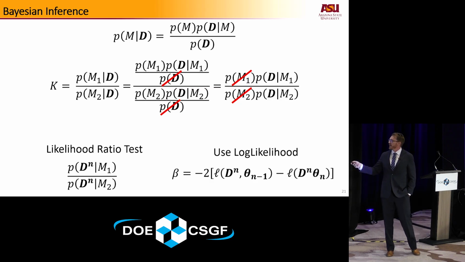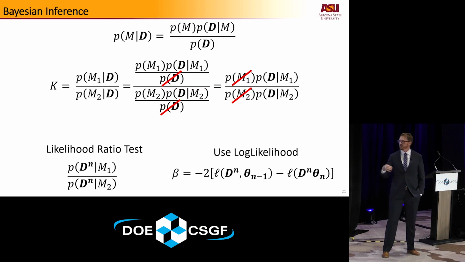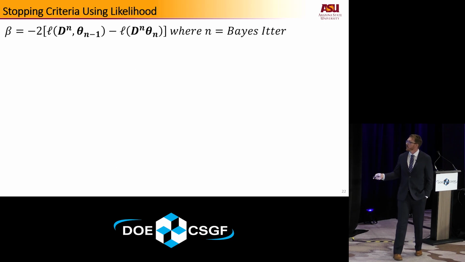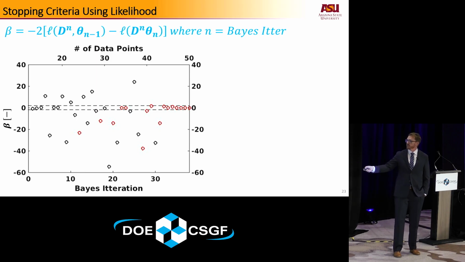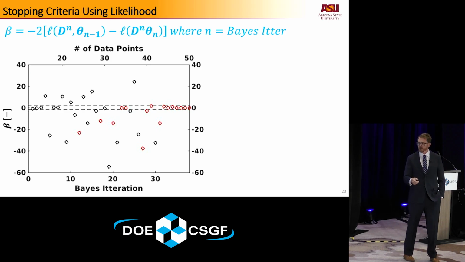And again, some nasty math, but the important part is that we can use Bayesian inference and take this likelihood ratio test. From the log likelihood, you get this nice Bayes ratio where you can pick the appropriate model from the data and then pick the next data point that you should sample just from your current information. The way this works is you take that Bayes ratio and start with some iteration of data. So your very initial data set, let's say, you have to start from somewhere, right?